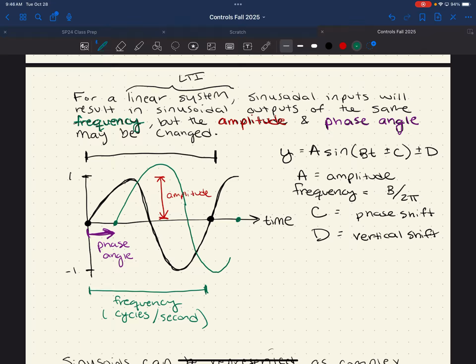I'm trying to draw it with increased amplitude. There we go. Something like this. And of course, this is supposed to be more symmetric than it is. Okay, so I was able to shift the output to the right and increase its amplitude, but the frequency stays the same.